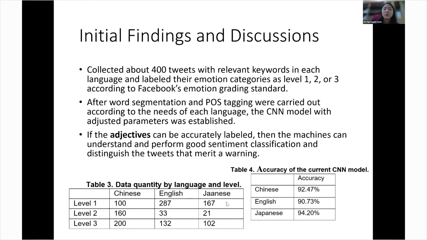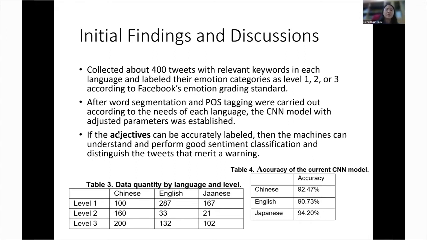The initial finding is that we collected 400 tweets, and we have labeled those words, those emotional posts. And we also started to do the word segmentation and POS tagging. We carried out those processes, and we also ran our training set with the CNN model.